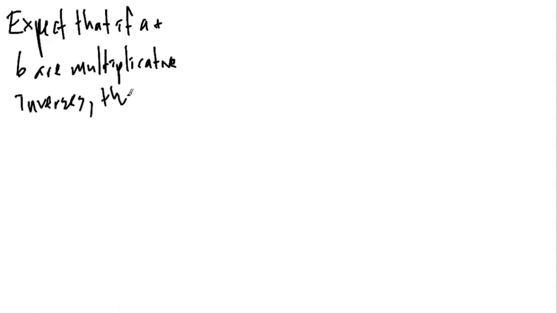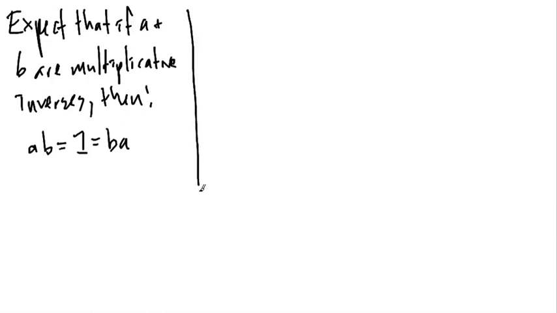And generally what we expect is the following: that if A and B are multiplicative inverses, then A times B is 1, as is B times A. So it doesn't matter which way you multiply, A and B or B and A, you get 1.